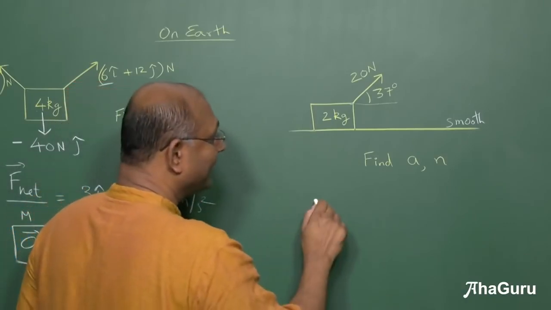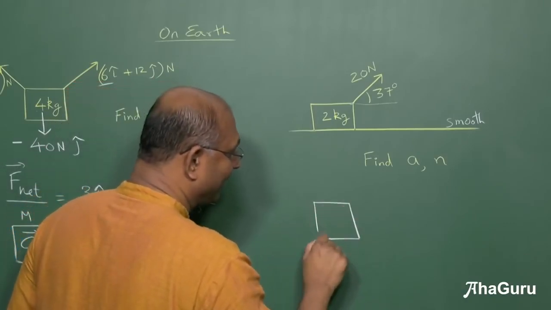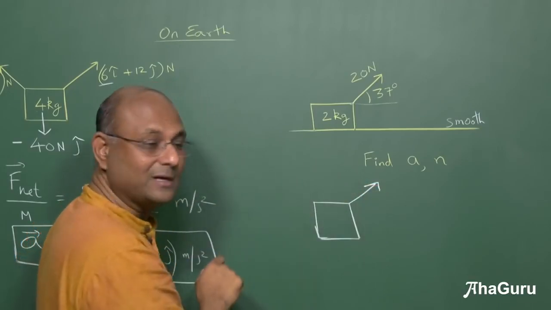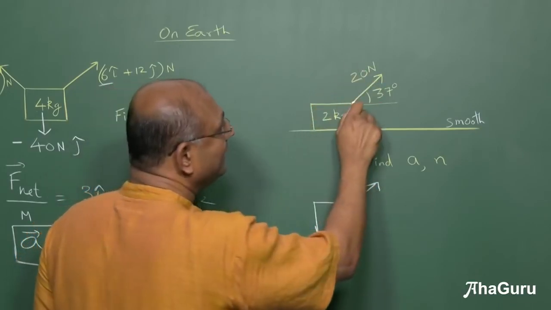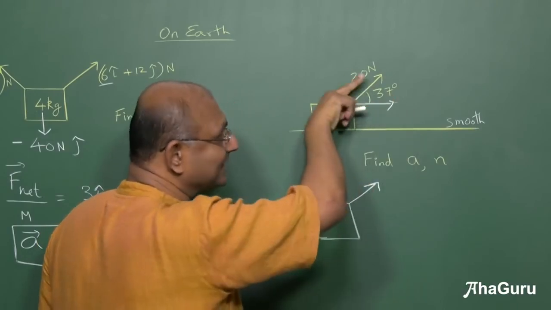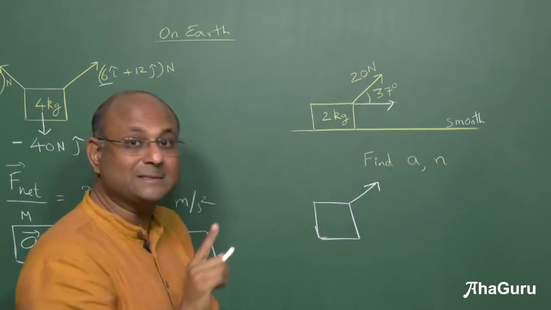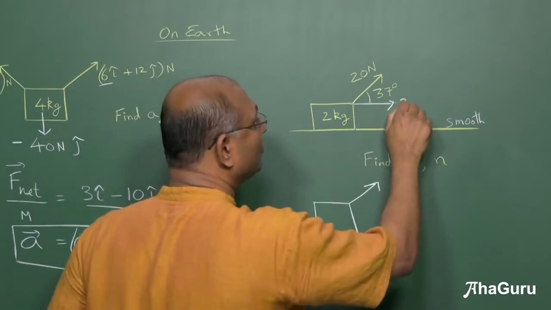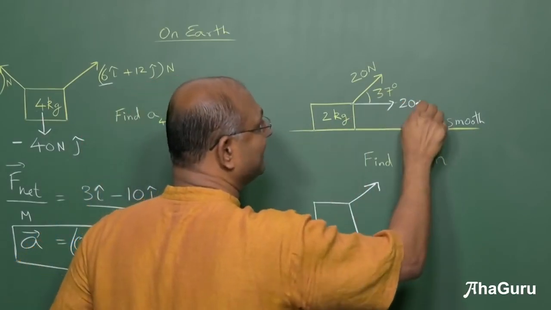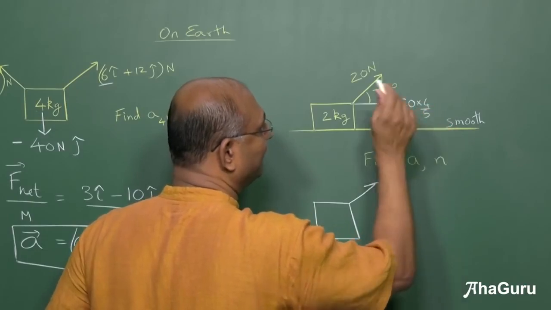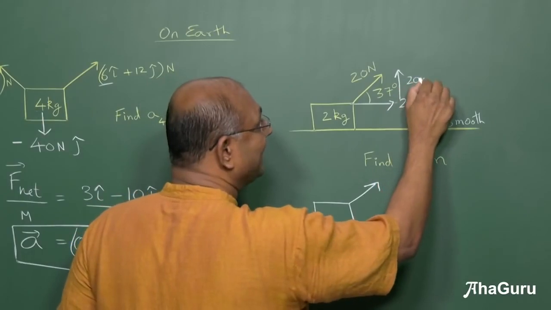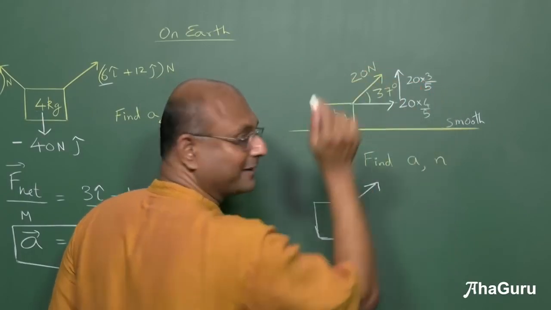Why not enough? See, this block has one force like that. How much is that force? 20 cos 37. Remember sin 37 is 3 by 5 and cos 37 is 4 by 5. So 20 cos 37, which is 4 by 5, and this component is 20 sin 37, which is 3 by 5.